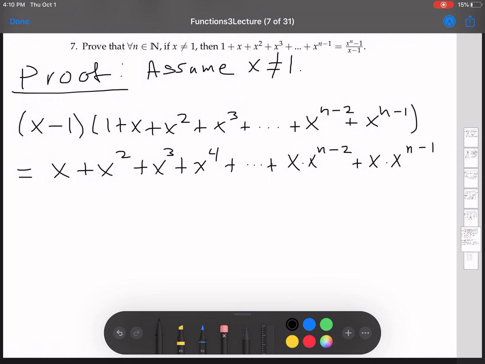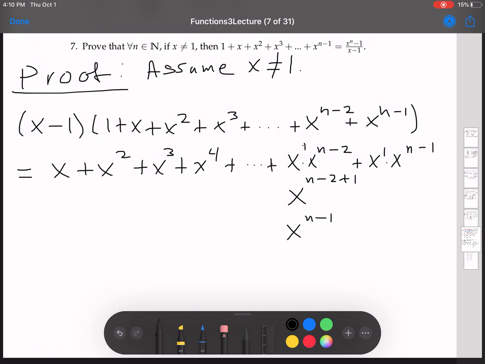Now remember, same base, you add the exponents. So x times x to the n minus 2 becomes x to the n minus 2 plus 1, which is x to the n minus 1.